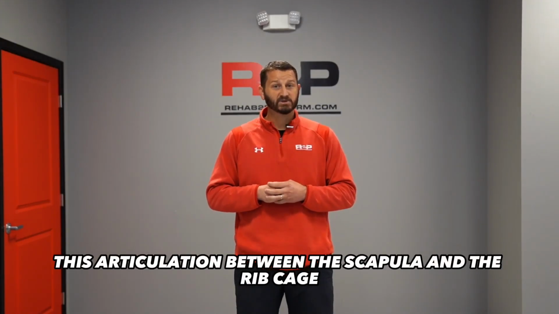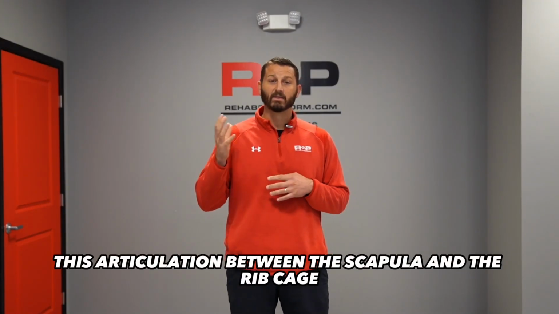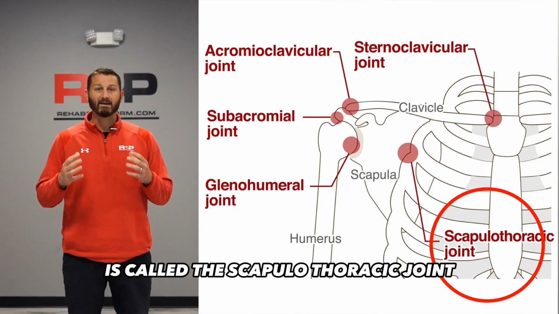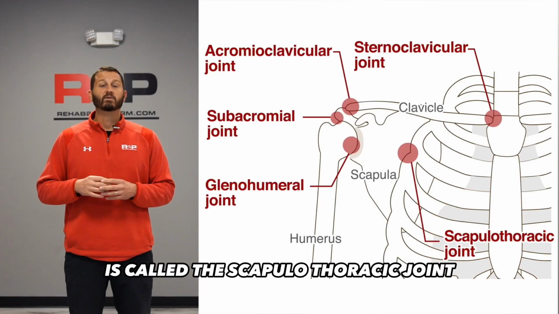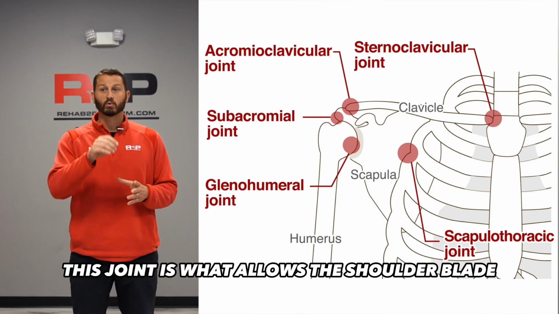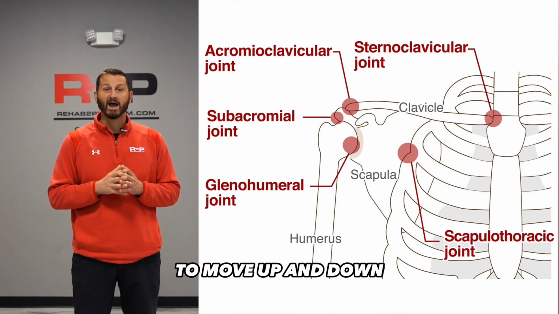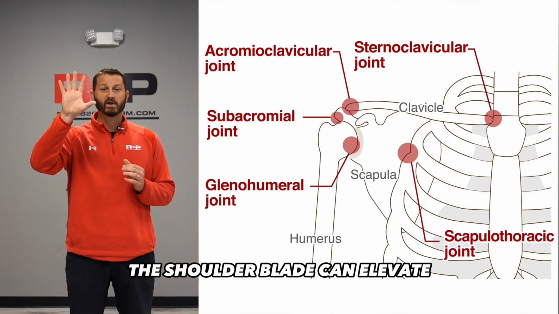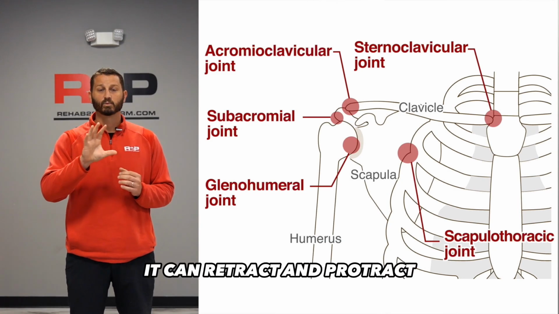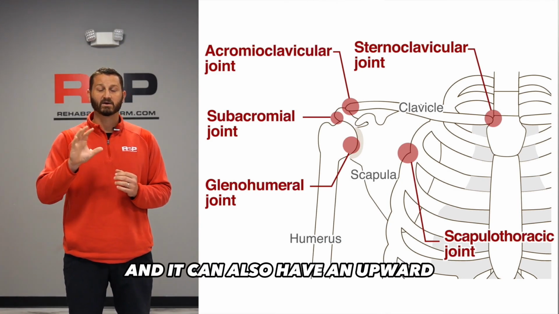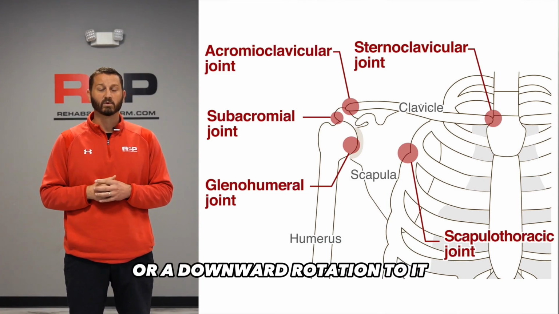This articulation between the scapula and the rib cage is called the scapulothoracic joint. This joint is what allows the shoulder blade to move. The shoulder blade can elevate, it can depress, it can retract and protract, and it can also have an upward or a downward rotation to it.